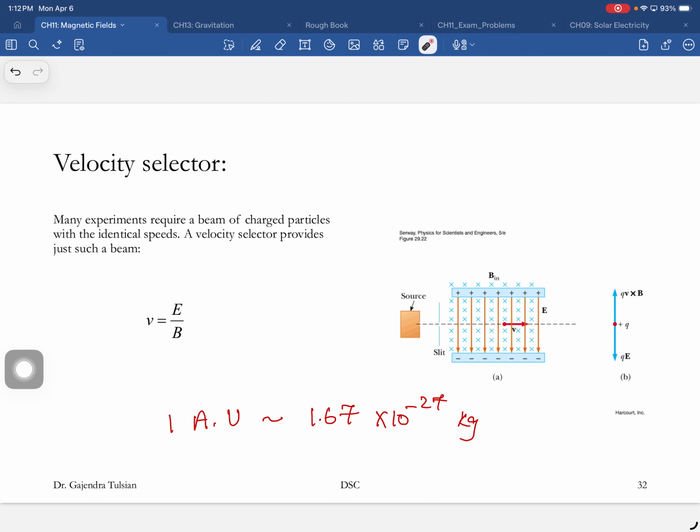Okay. Now if you want to weigh one of those guys, all you do is ionize it singly, and then pass it through this, and now you know you have a singly charged ion going at a specific velocity.